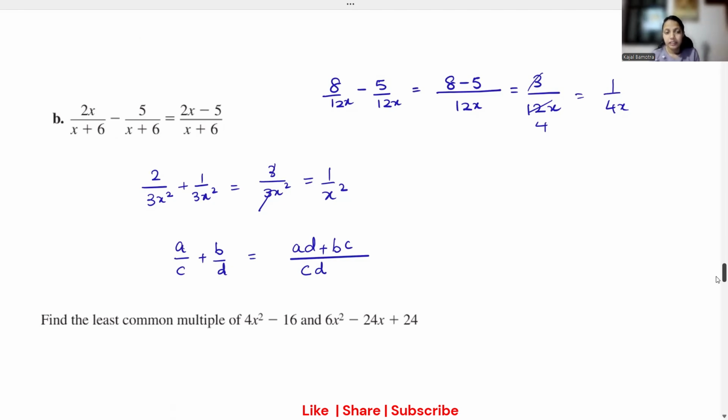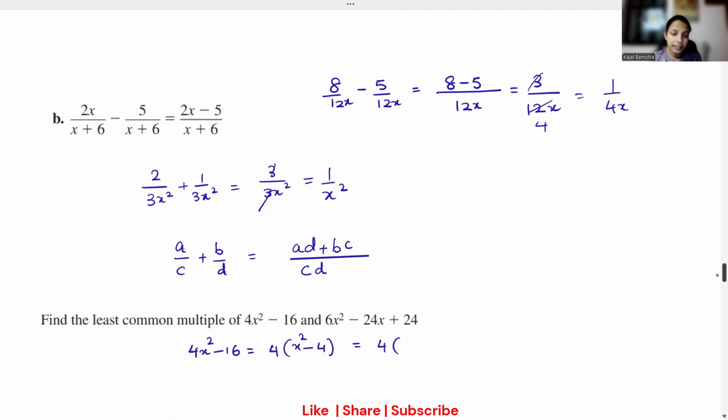The question is to find the least common multiple. The least common multiple means the multiple that is common and the least. I can write the polynomial 4x square minus 16 by taking 4 common: 4 times x square minus 4.